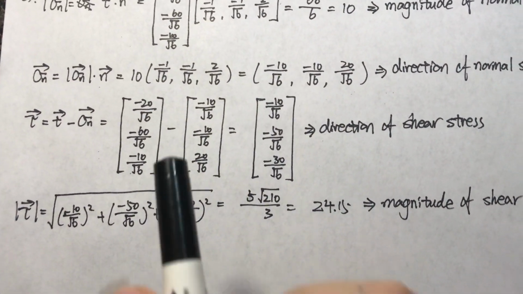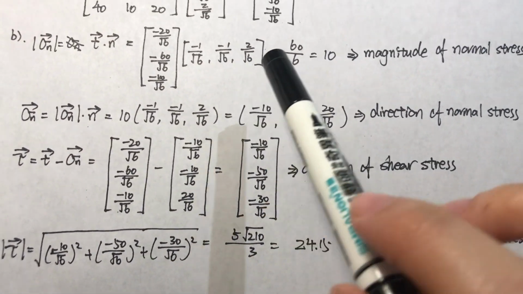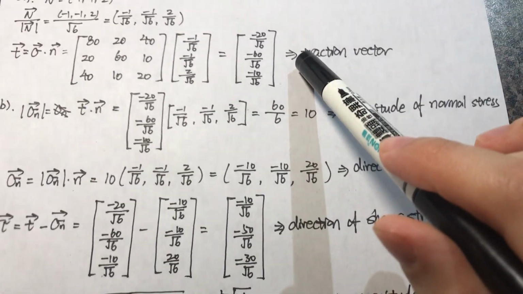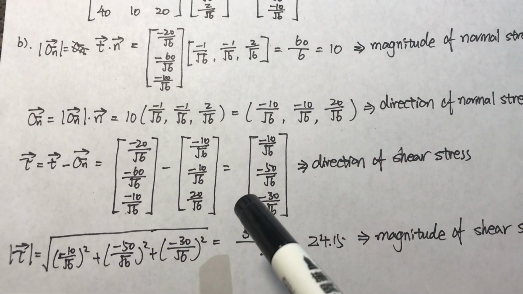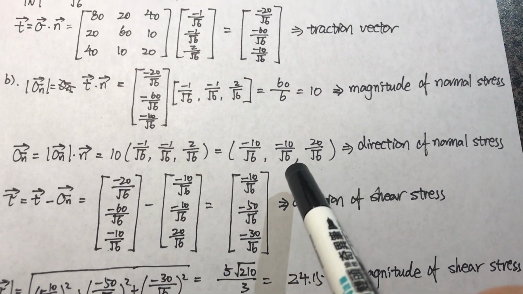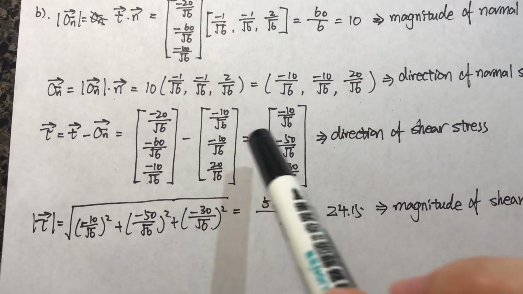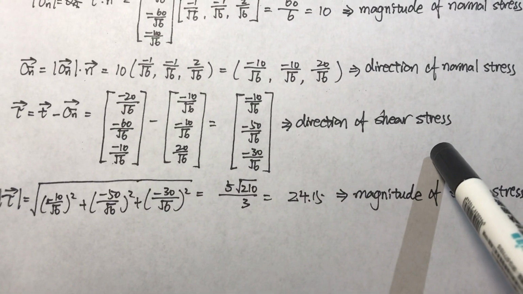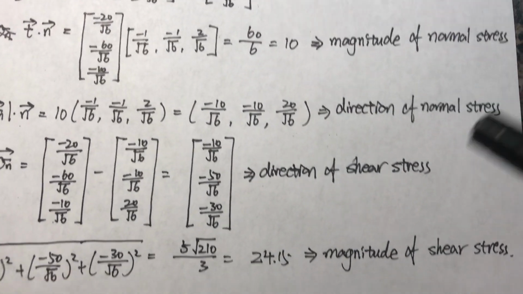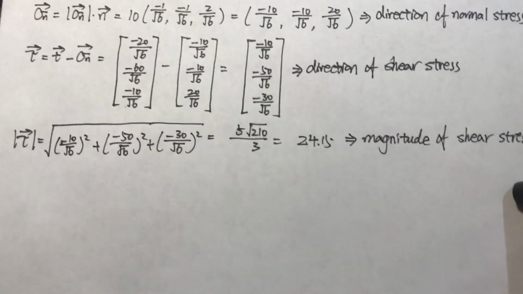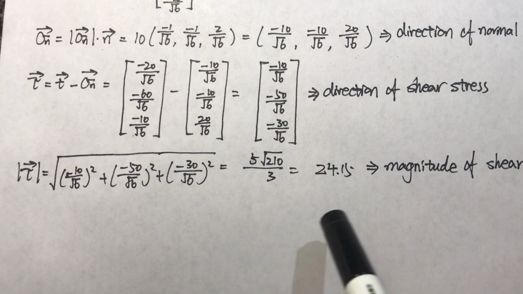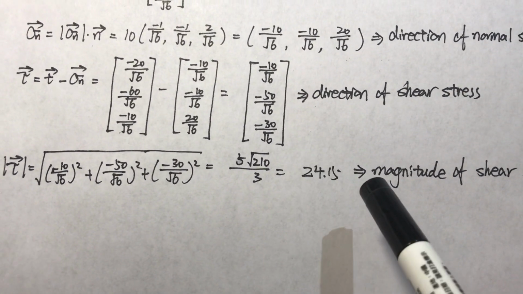So the shear stress is the traction vector we have here minus the normal stress vector here, so we have the direction of the shear stress. Finally, we find the magnitude of the shear stress, so we just normalize it. The final answer is 24.15.